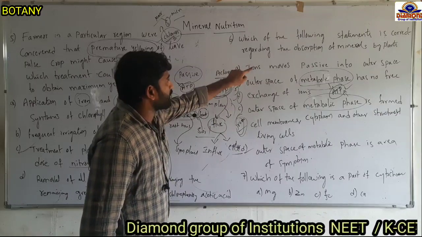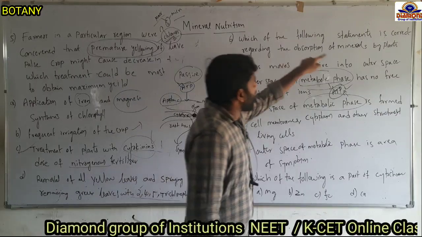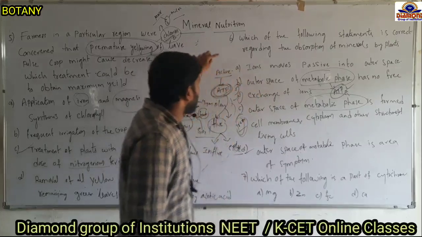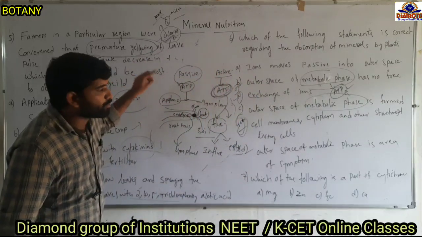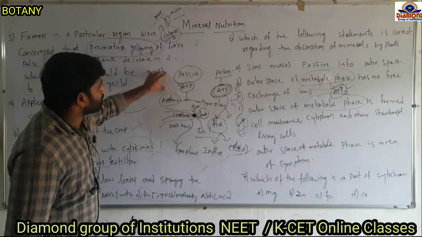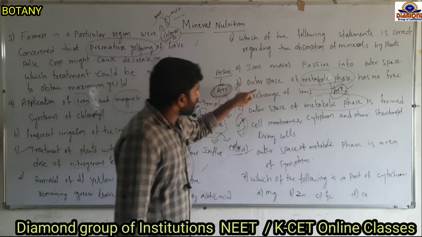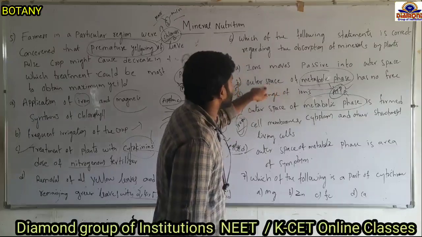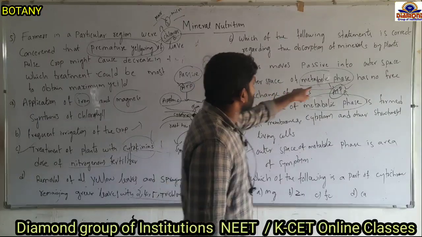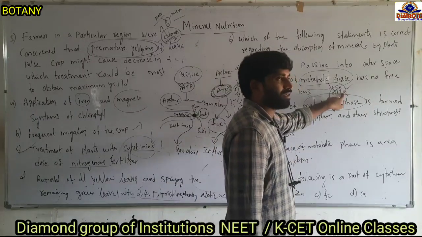See option 1, or option A: ions move passively into the outer space. In option A only, they mention passive absorption, and this passive absorption is mentioned as the apoplastic way only. But in the B option, outer space belongs to passive absorption, and metabolic phase means ATP energy is utilized.